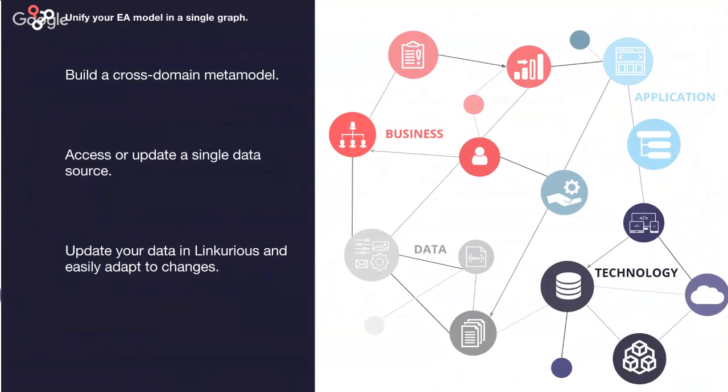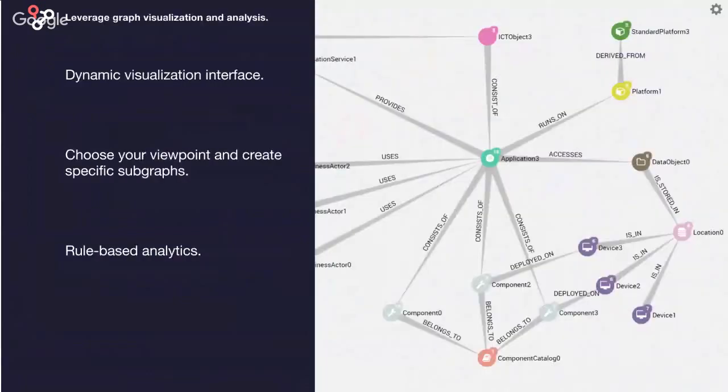And in addition to this unified model, Linkurious technology provides a comprehensive and visual overview of your data. Architects can investigate representations of their architecture with the dynamic visualization interface. And it's particularly helpful to understand the relationships between entities when implementing a new system or framework, for instance.